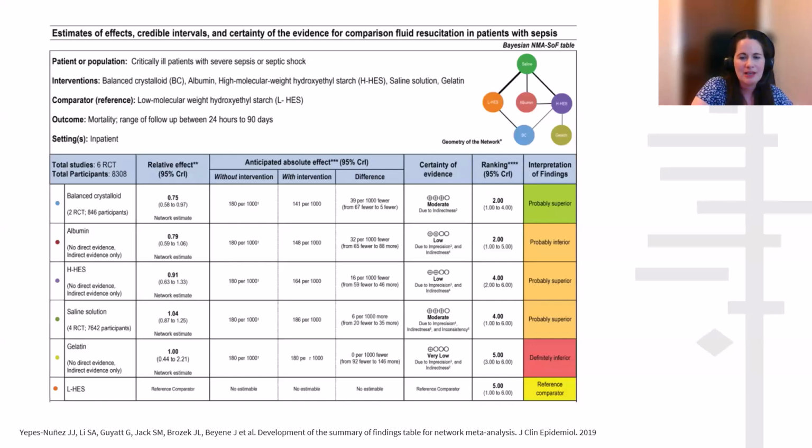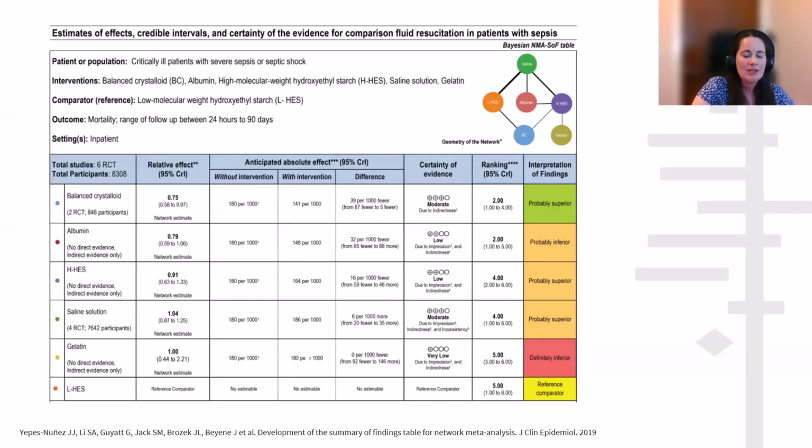In the next columns are the relative effect from the NMA, along with the anticipated absolute effects with and without the intervention, and the difference between these. The confidence assessments from GRADE are also given, along with the reasons for downgrading. In addition, the ranking statistics are given, along with a credible interval. Finally, a column is shown for the interpretation of the findings based on the NMA estimate and the certainty of evidence.